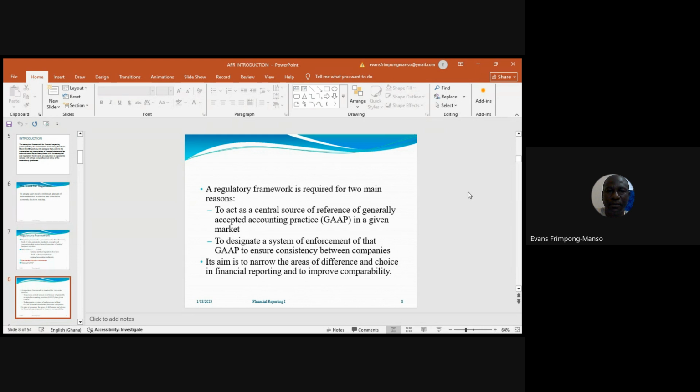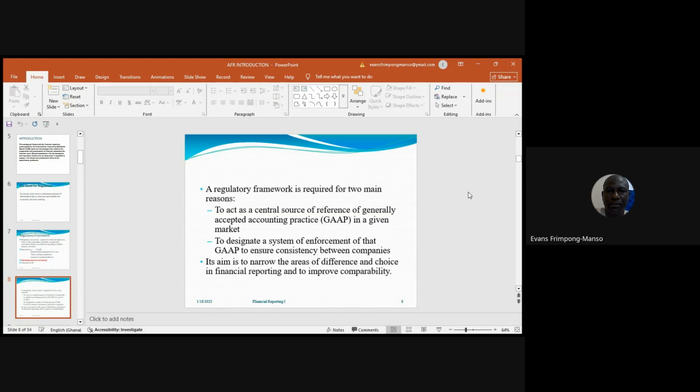And it will not also bring about what we normally say, harmonization. It will not bring about comparison. It will not harmonize the way financial statements are prepared. When I say it will not bring about harmonization, I am talking about it will not enable us to have a common source of reference for preparing the financial statement.